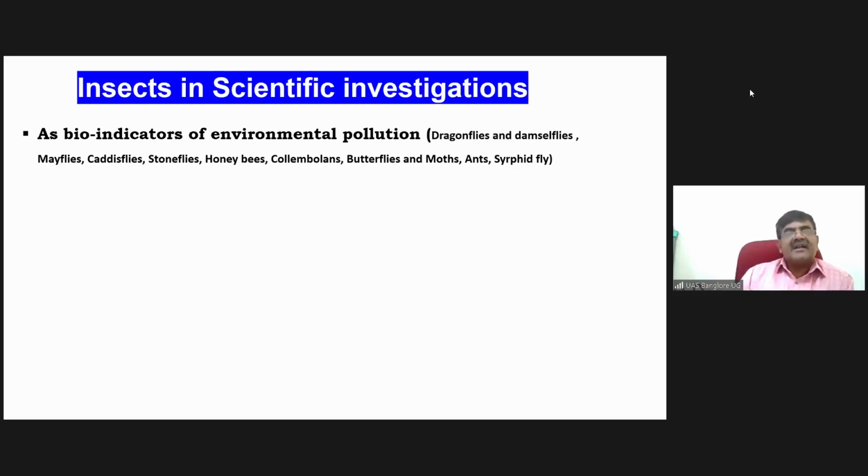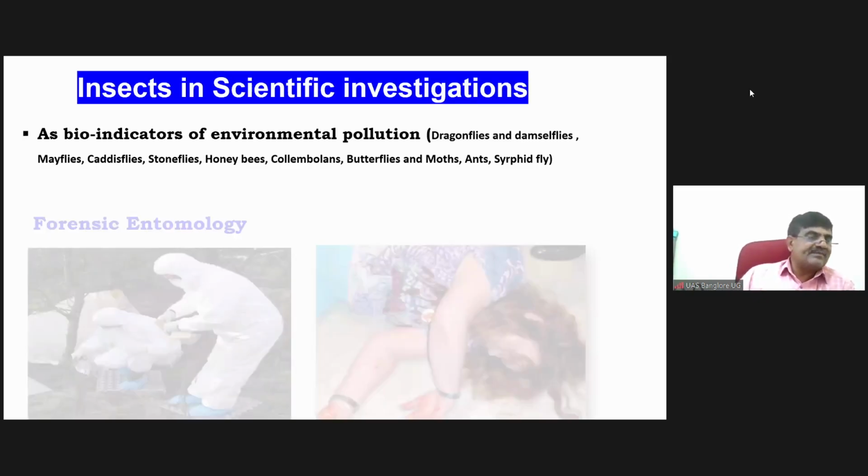Wherever the insects are present, that environment is fresh. For example, the insects that can be used as bioindicators are dragonflies, damselflies, mayflies, caddisflies and stoneflies.